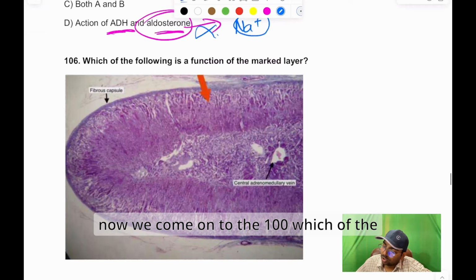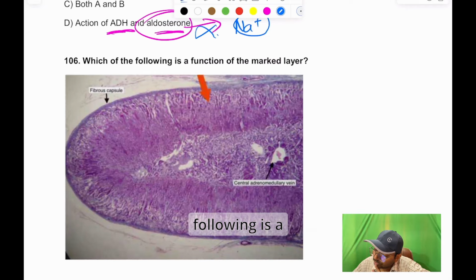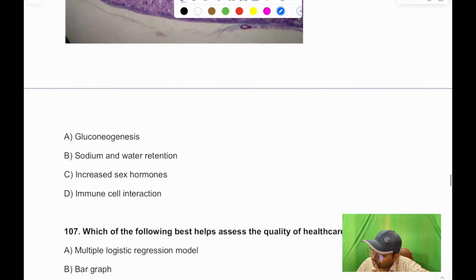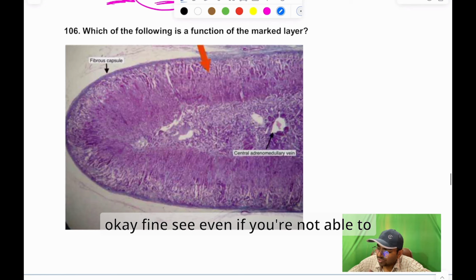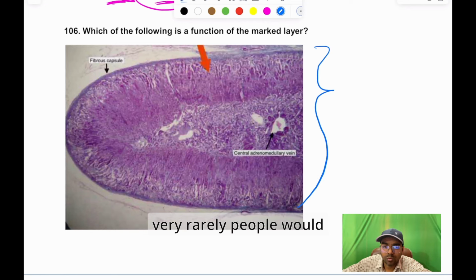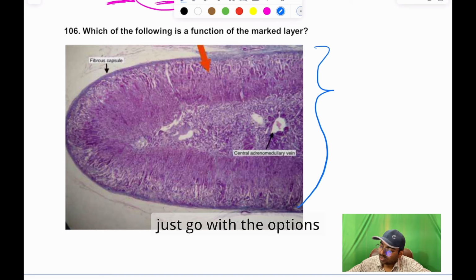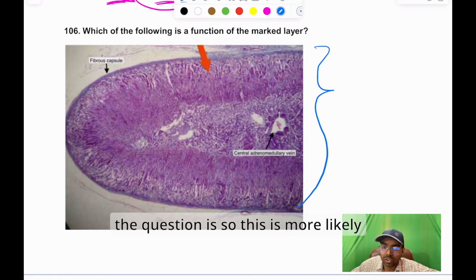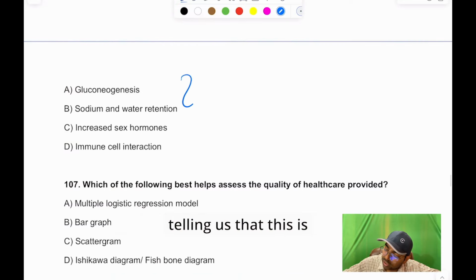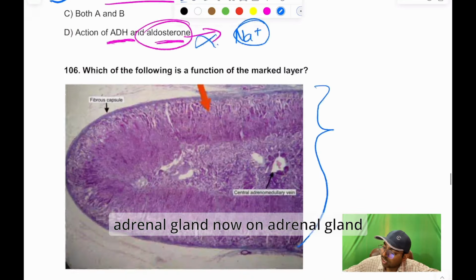Now we come on to 106. Which of the following is a function of the marked layer? Okay, fine. See, very rarely would people be able to identify which part of the body this is showing. So just go with the options. The options will tell you what the question is. So this is more likely telling us that this is the adrenal gland.